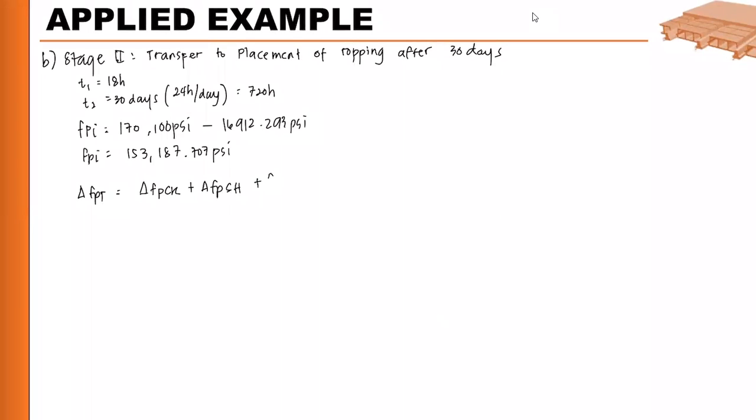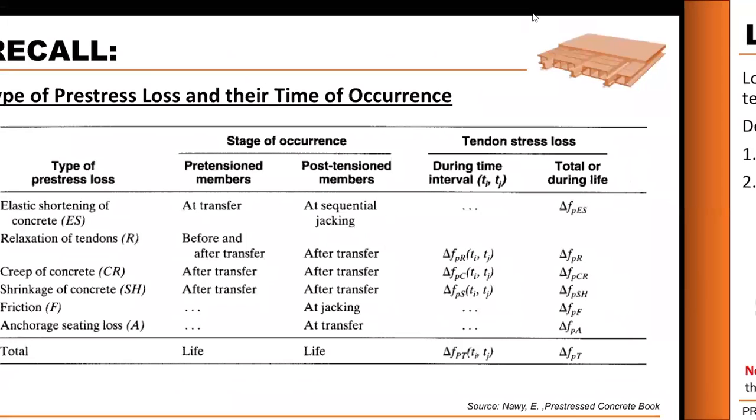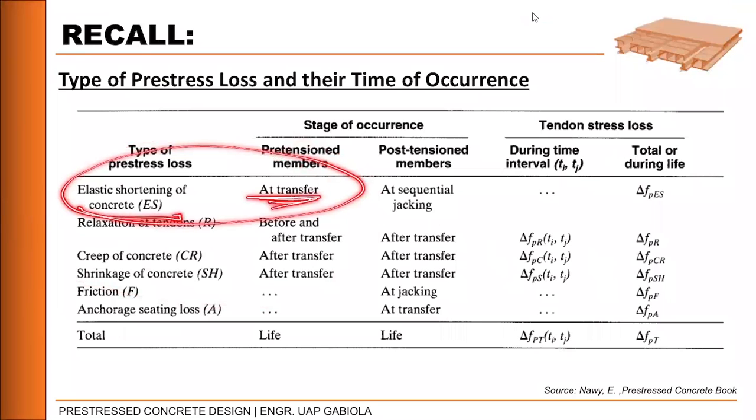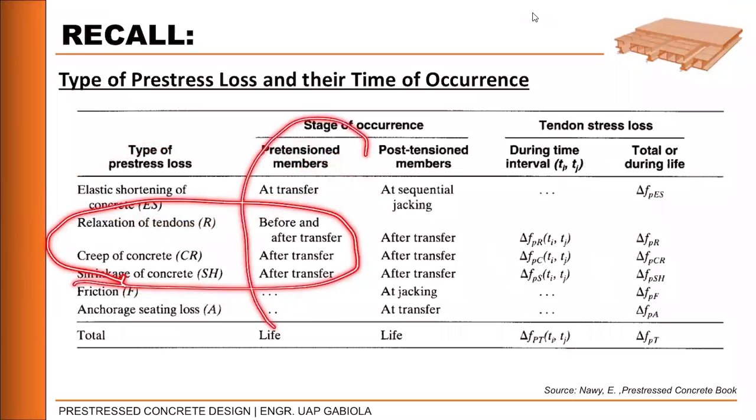And then meron tayo ulit relaxation. Okay? So nakuha natin yan again pertaining do sa table natin kanina. So pag stage 2 natin, since apat lang naman talaga generally nag-occur sa kanya, yung elastic shortening, hindi natin consider kasi at transfer lang lagi yan. So after transfer, itong tatlo na lang yung kinoconsider natin. Okay? According sa pre-tension requirement.